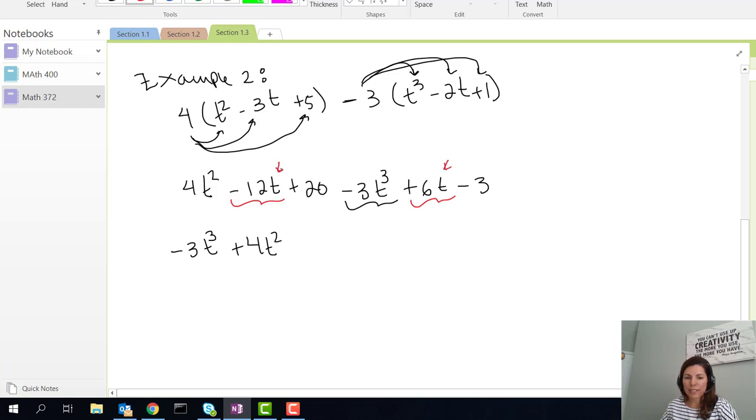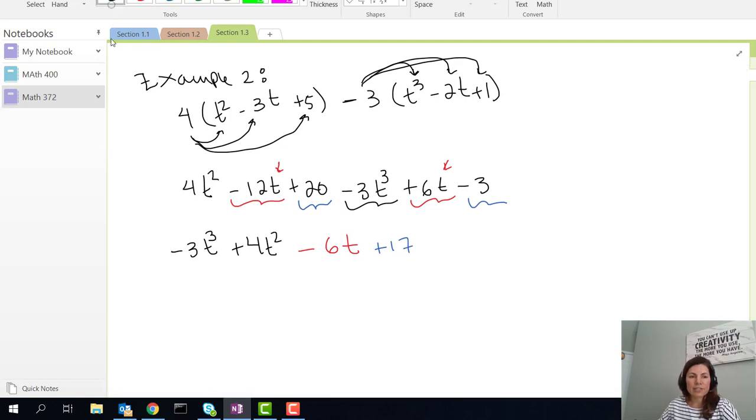And so I combine the coefficients. Negative 12 plus 6 is negative 6. So I'm going to have minus 6t. And the last thing is the constant term, the degree 0. I have positive 20 minus 3, so that will be plus 17.